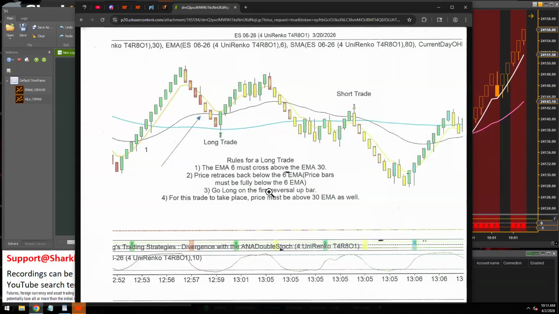So I'm going to save number 3 for last here, because for number 4, we also need price to be above the EMA 30. So that's another filter there. Basically the closing price needs to be above the EMA 30. So let's plug that one in.